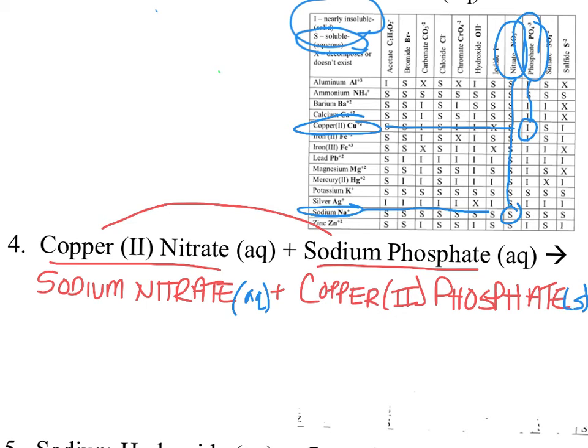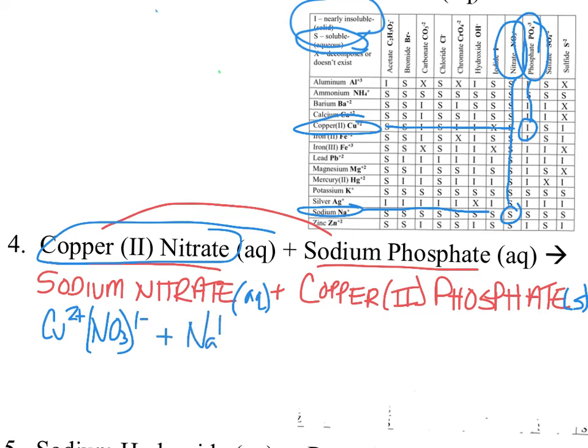Now that we have that, let's start breaking things down by their charges. And remember, all the charges are written right on that chart. So copper 2 nitrate, copper is going to be 2+. Nitrate, according to the chart, is NO3, that has a -1. Next up is sodium phosphate. According to the chart, sodium has a +1 charge, and phosphate, which is PO4, that whole thing chunked together has a -3 charge.